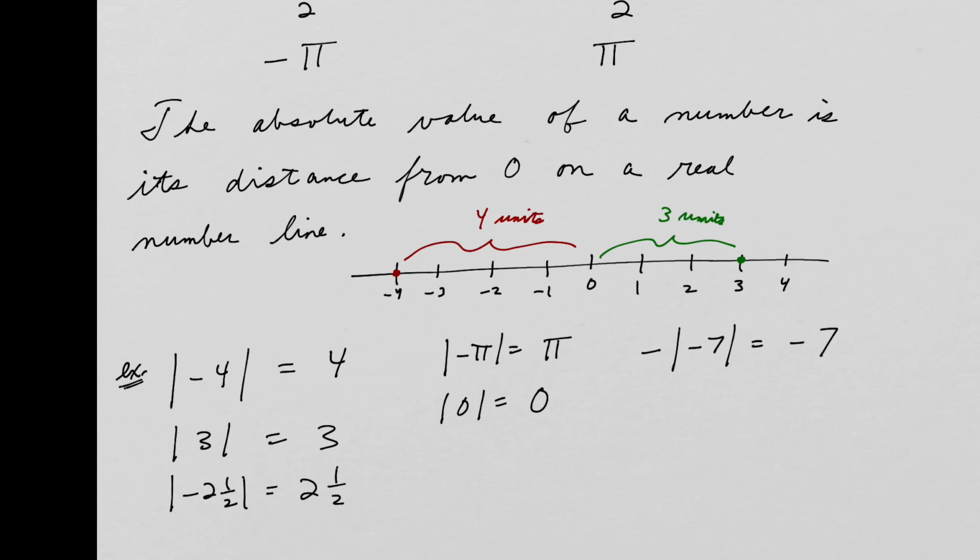Okay, and then I want to do one more thing in this section. The last thing I want to do in this section is compare signed numbers. I want to compare two numbers that are signed and determine whether one is greater than or less than the other one. So, comparing signed numbers.